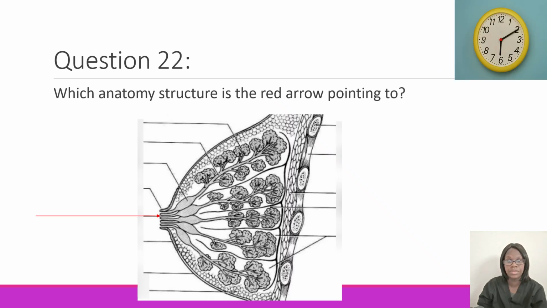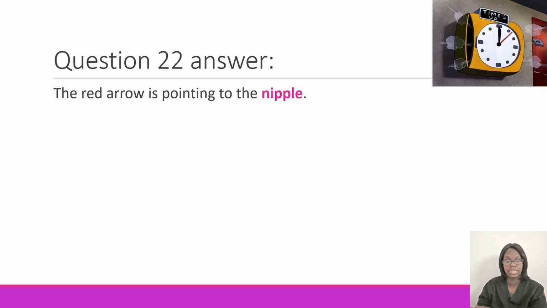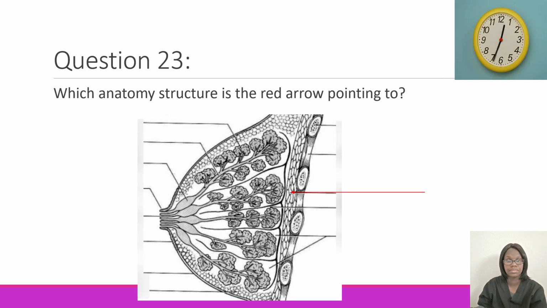Question 22. Which anatomy structure is the red arrow pointing to? It's pointing to the nipple. Question 23. Which anatomy structure is the red arrow pointing to?